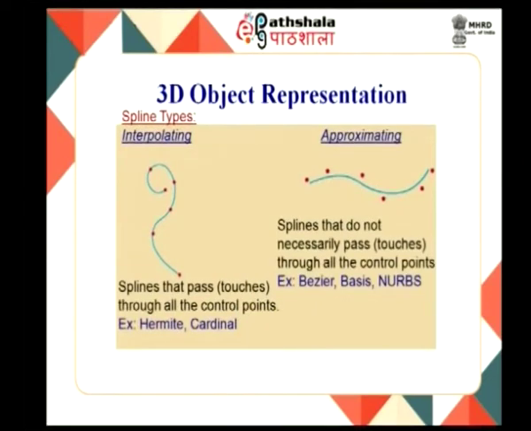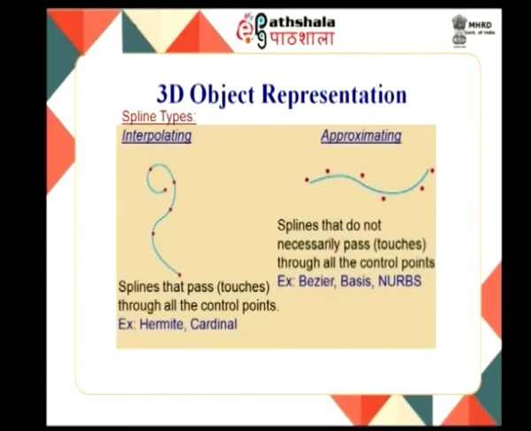Let us see how splines are represented in the various types of splines that we can talk about. Splines can be categorized into 2 types fundamentally. One is interpolating splines and the other type is approximating splines.